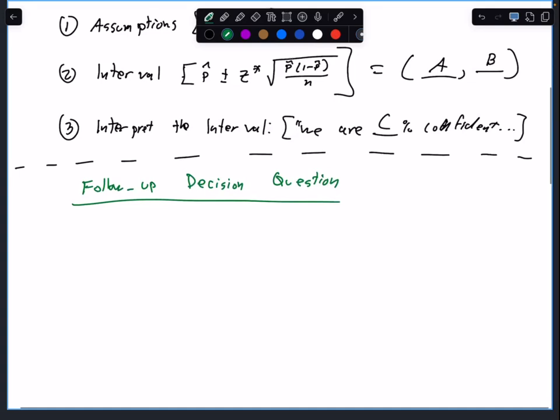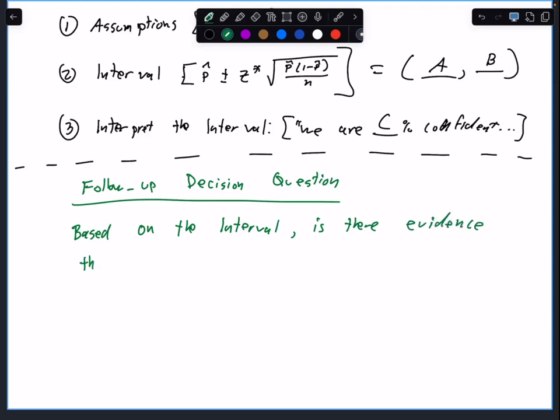Basically the question is: based on the interval, is there evidence that blank is blank, then blank?